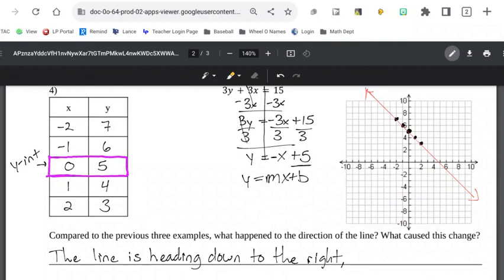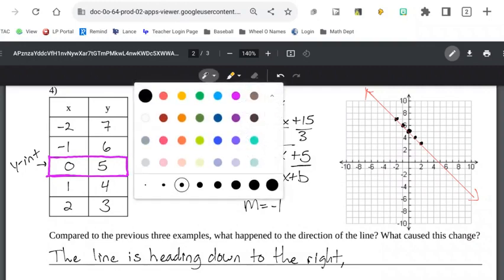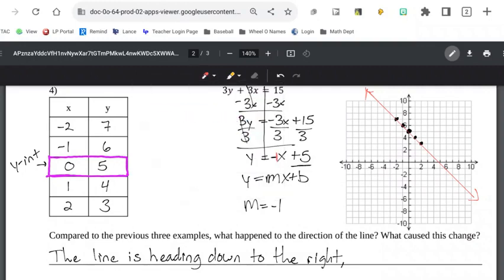Because our slope is negative 1. This number in front of x is our slope. And when our slope is negative, it will head down to the right. So this line is heading down to the right because m is negative.